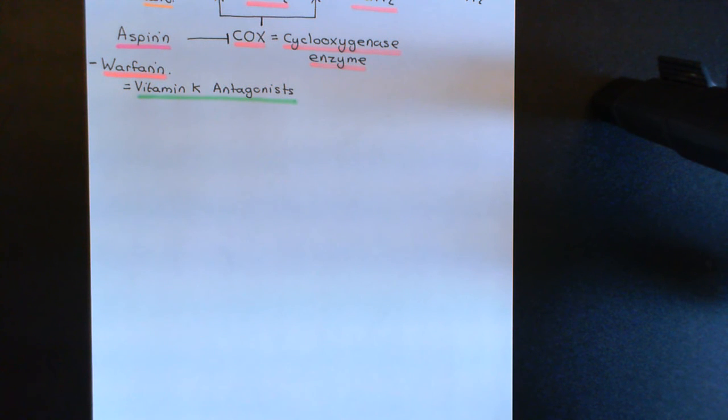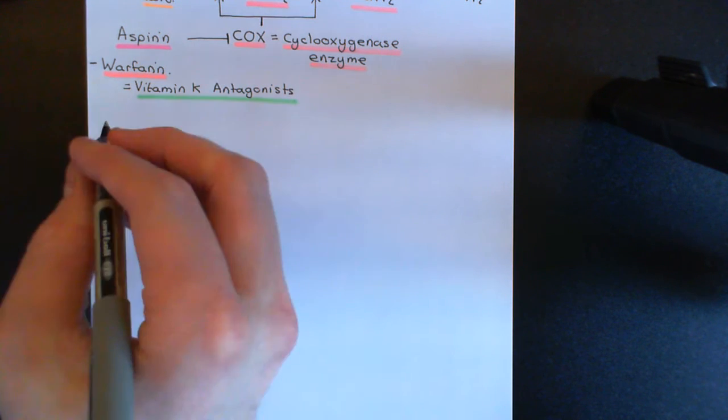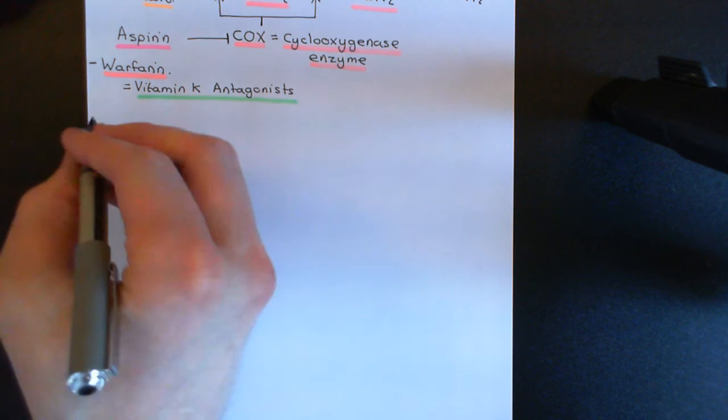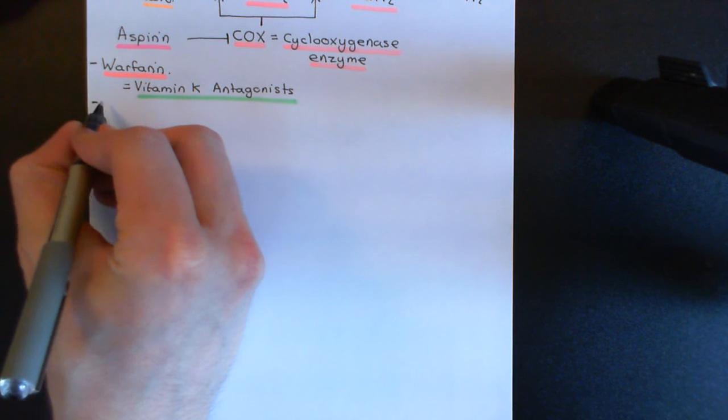So let me just remind you of why vitamin K is so important in coagulation. There are certain coagulation factors whose function relies on the presence of a modified amino acid, gamma-carboxyglutamate.